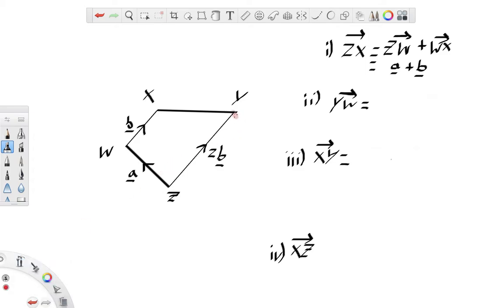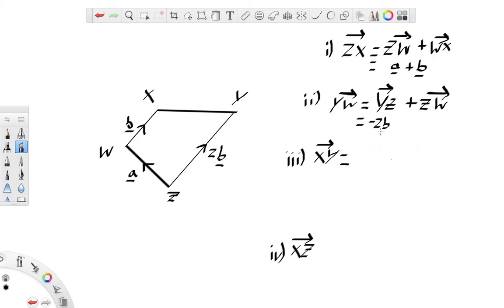And the second question, we've got Y to W. So to do that, we go Y to Z, and then Z to W. So Y to Z plus Z to W. Well, Y to Z is going to be minus 2B.